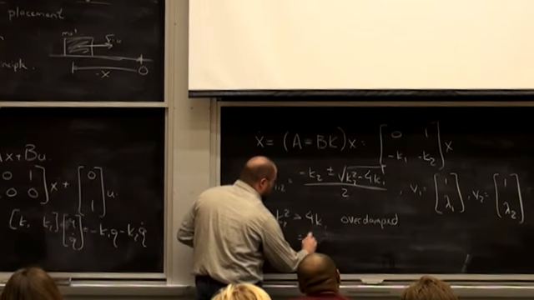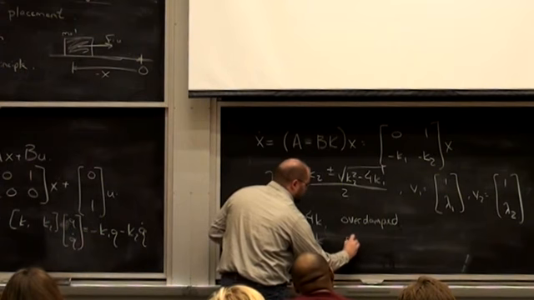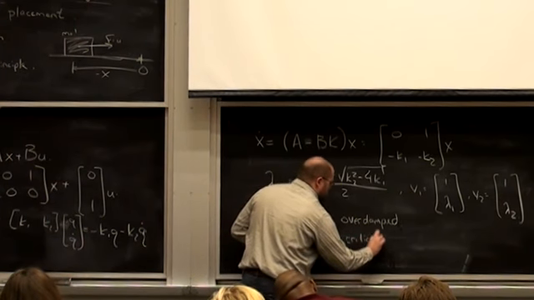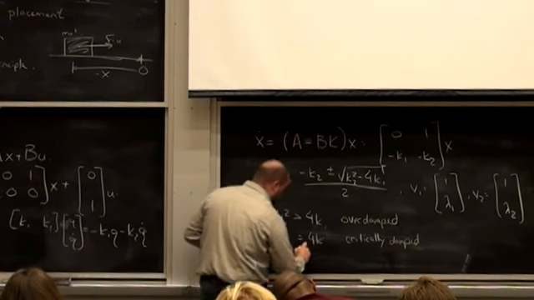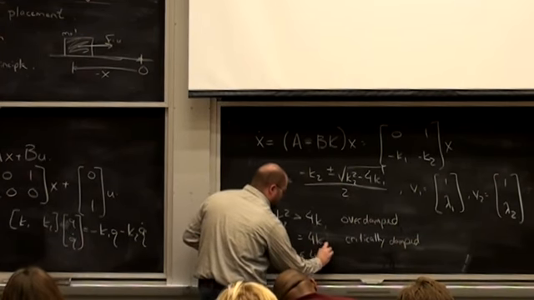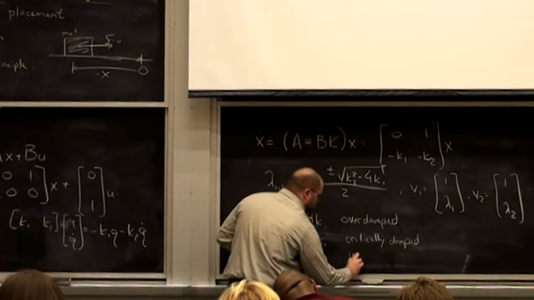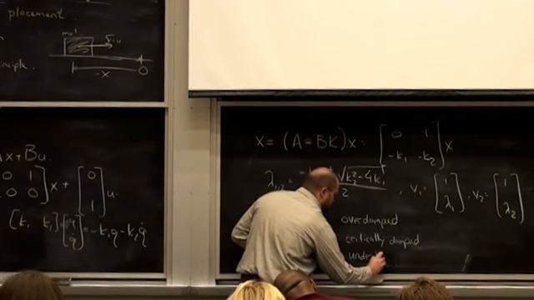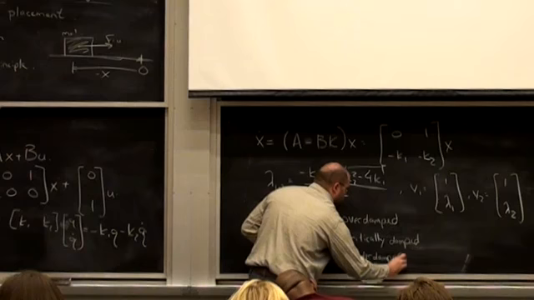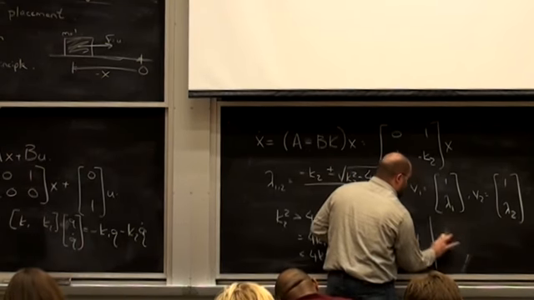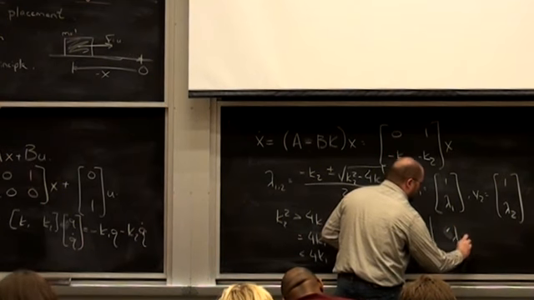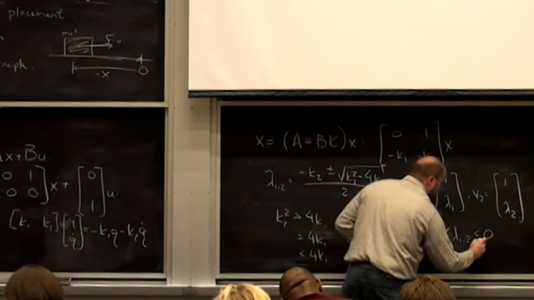If it equals 4k1, it's critically damped. And it's underdamped if it's less than 4k1. And for stability, we want lambda 1 and 2 to be less than 0.